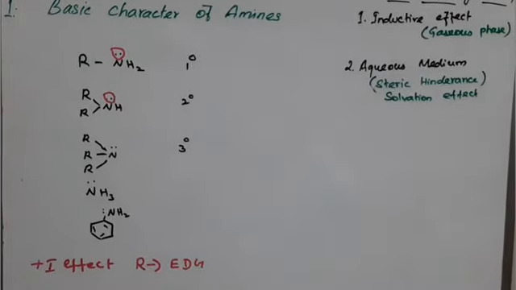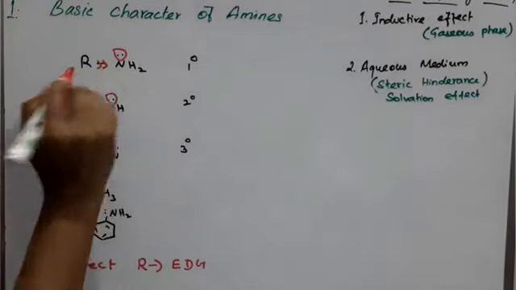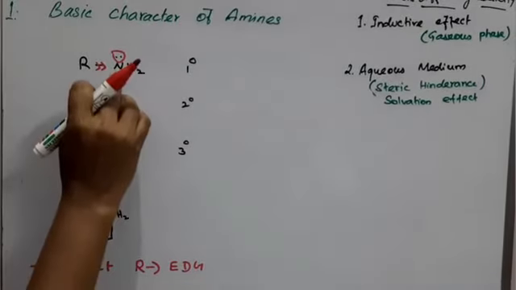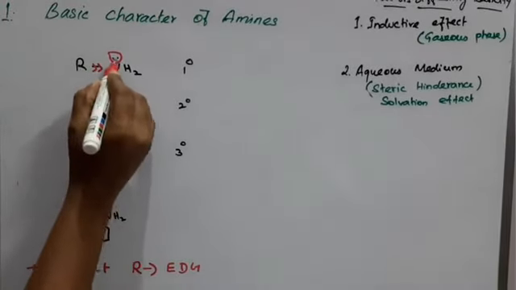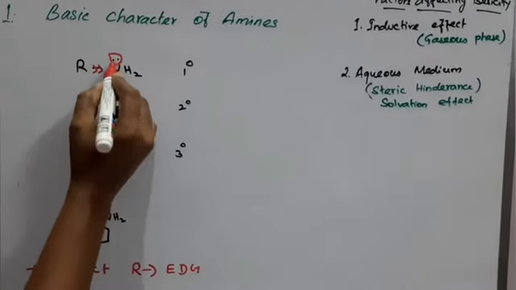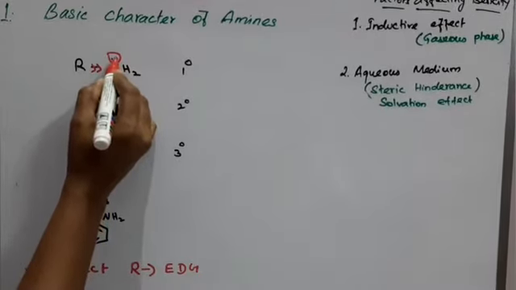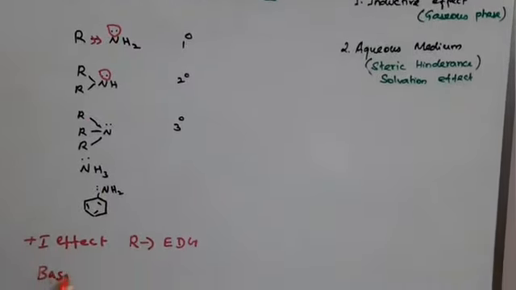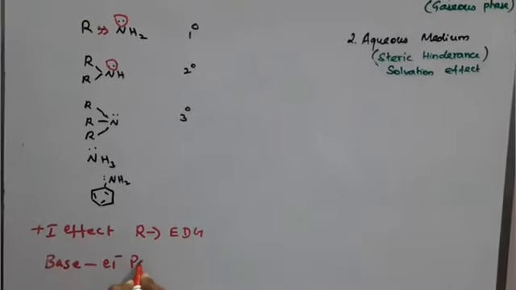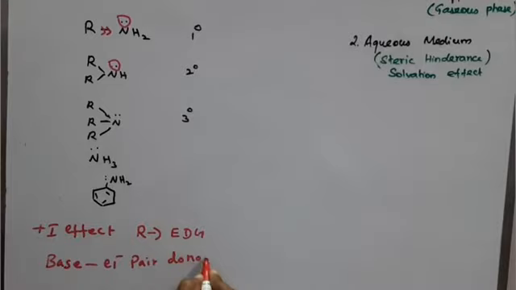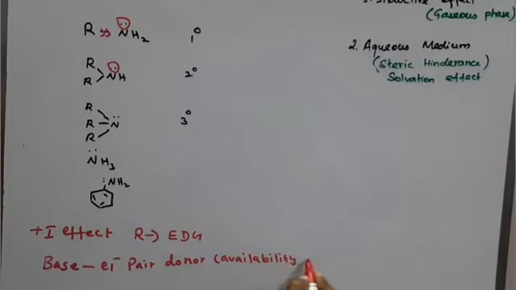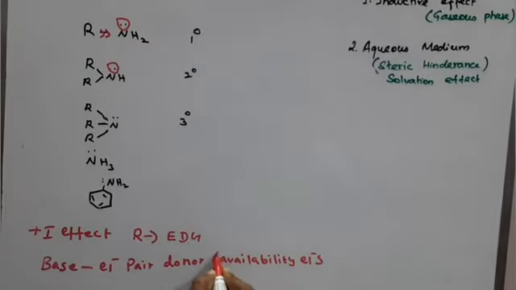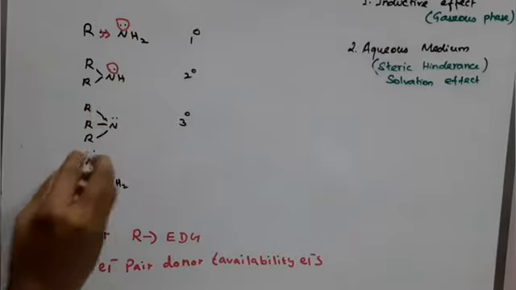Electron donating groups keep on donating electrons towards the nitrogen, and the nitrogen attains stabilization with more availability of the electron pair. Base means electron pair donor, which means availability of the pair of electrons. That is why amines are basic in nature.